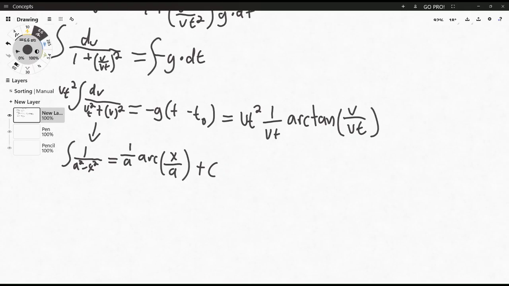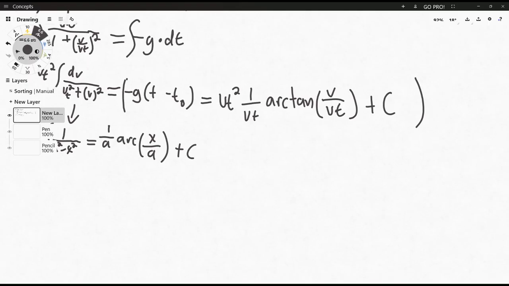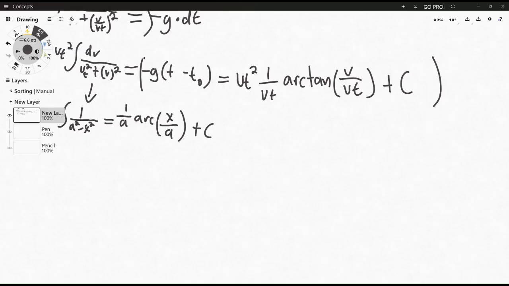And then I'm not going to use plus C, well, actually, yeah, plus C here, but that counts for everything in here, right?